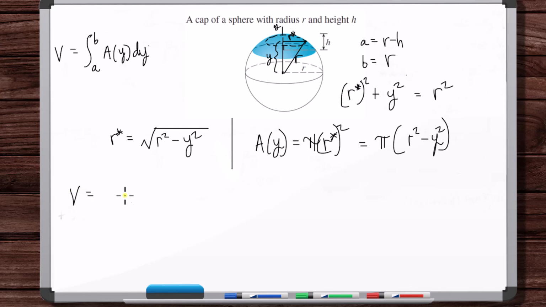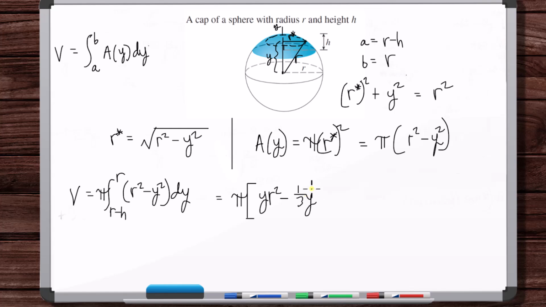So the volume is, we're integrating from r minus h to r. We can bring the pi out front. R squared minus y squared dy. And that's it. So we've got pi times y r squared minus 1/3 y cubed, from r minus h to r.